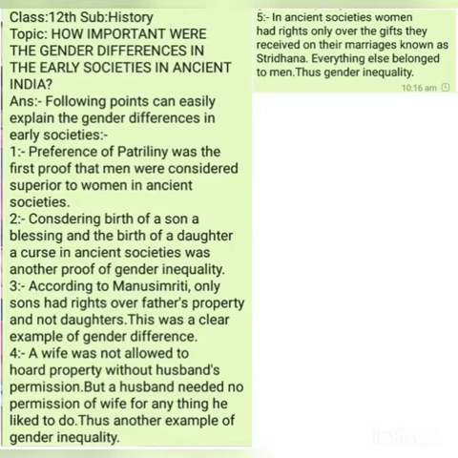Number three, according to Manu Smriti, which is the law book of ancient India, the father's property was equally divided among all sons, with no right to daughters of any property share of the father. Means that, according to Manu Smriti, the ancient law book of India, if a father died, his property was to be equally shared among the sons, and no share of property was to be given to the daughters.